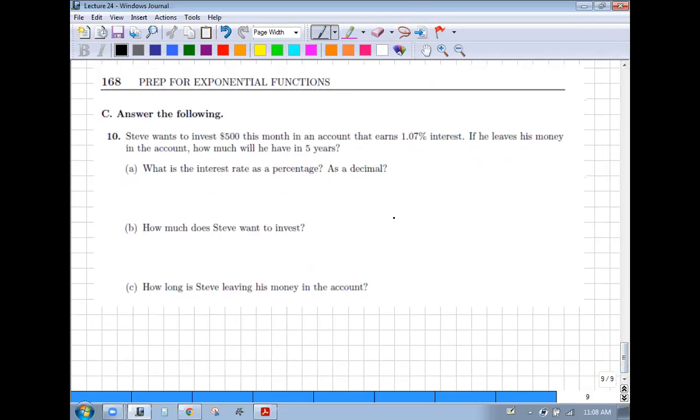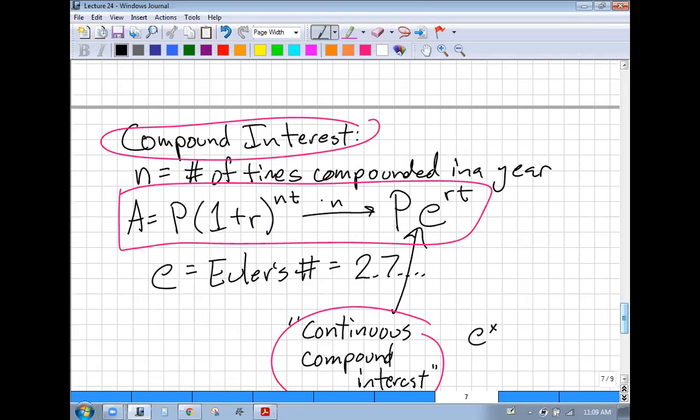Here they haven't even introduced any of this stuff yet, right? Steve wants to invest $500 this month. That's the principal, in an account that earns 1.07% interest. So the rate R is going to be 0.0107. You have to convert the interest to a decimal, because if you stick a percent in here, it's not going to make any sense.